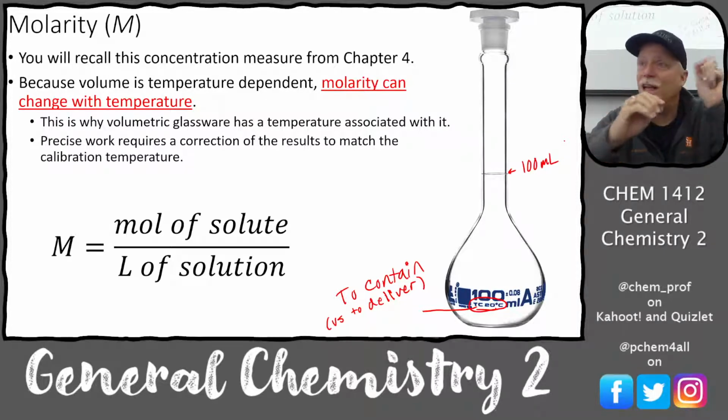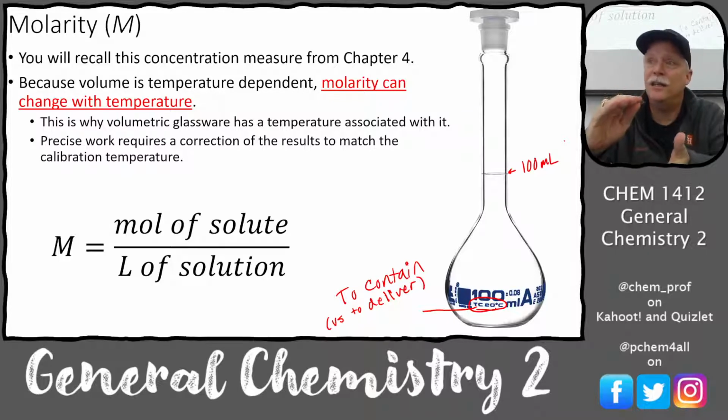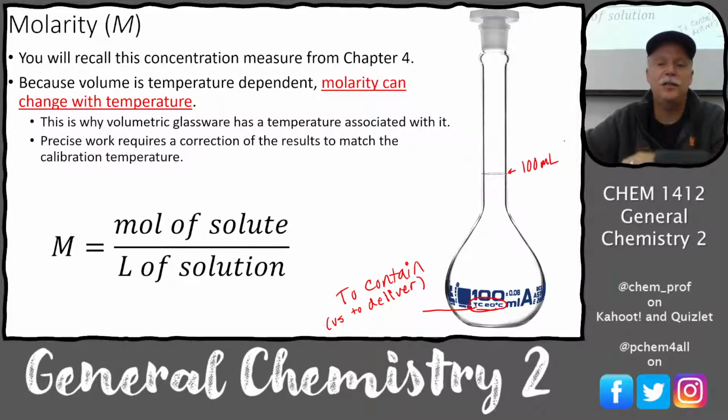No. How am I going to get every little bit out? There's going to be one drop left in the inside, right? So this volume mark is marked so that it can contain 100 milliliters exactly. Okay, and then you would pipette out of it or put it in another container to use it. But this is just the difference. That TC means to contain.